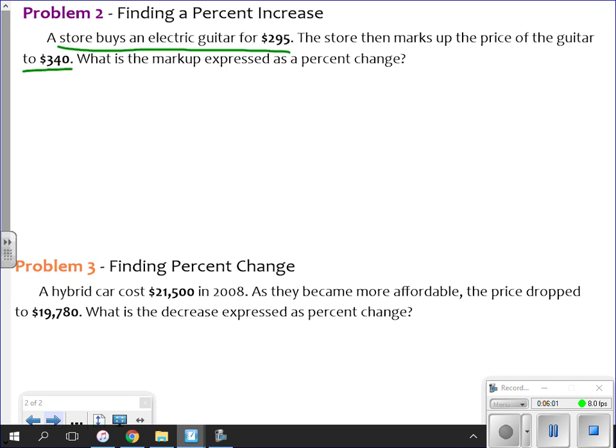That would mean 340 minus 295 divided by the original. What do you start with? The 295, because they buy it at 295 and mark it up to 340. So they start at 295. So you divide it by 295. Multiply that times 100.